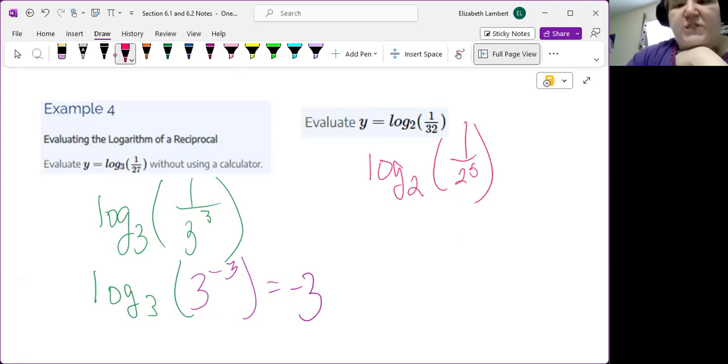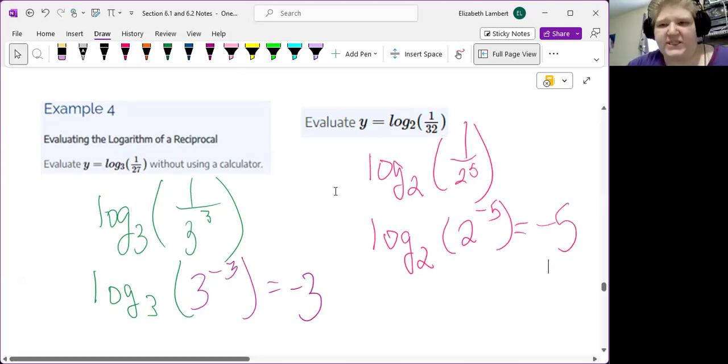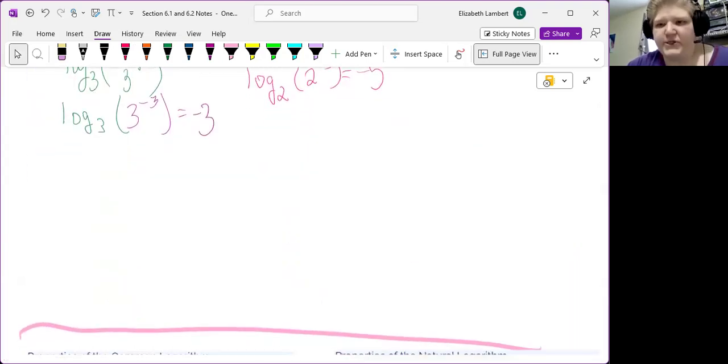That is actually 2 multiplied 5 times. So this is a log base 2 of 2 to the -5. Log base 2 of 2 to the, all cancels out, and this equals -5. So totally fine for a log to equal a negative. All right, there's the end of that video.